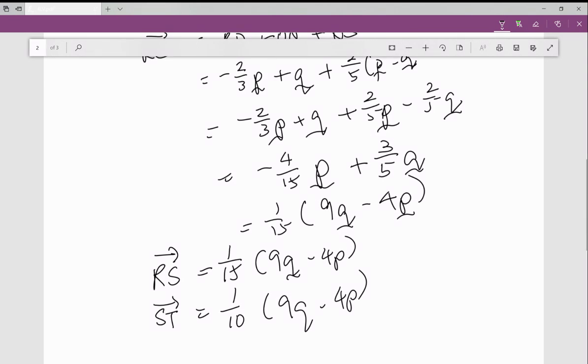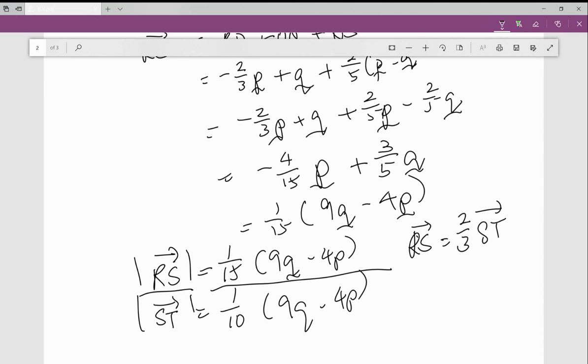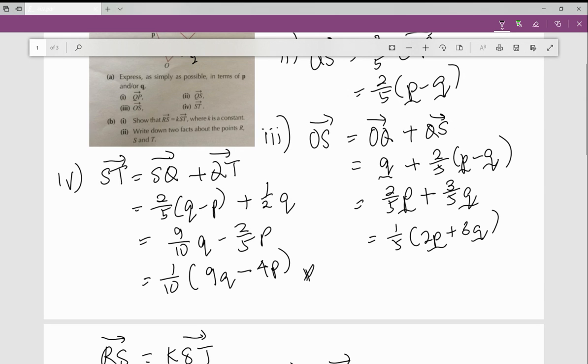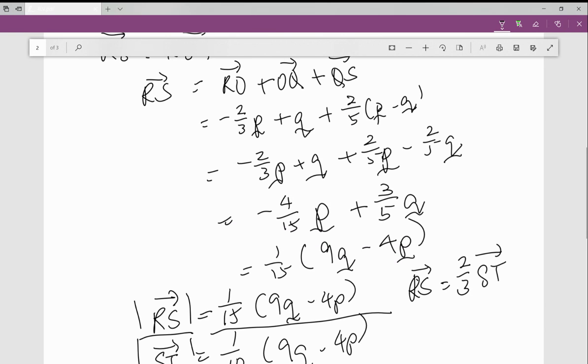If I want to find the ratio, I just take the magnitudes and divide. The brackets will cancel off. So 1/15 divided by 1/10 is 2/3. So you have RS is equal to 2/3 of ST. This is the final answer. You have shown that K is a constant, so you can write shown.